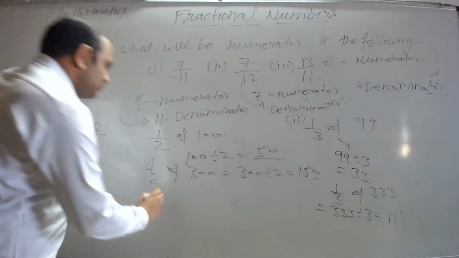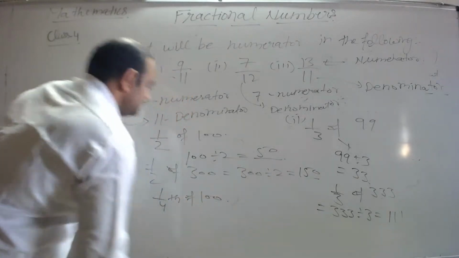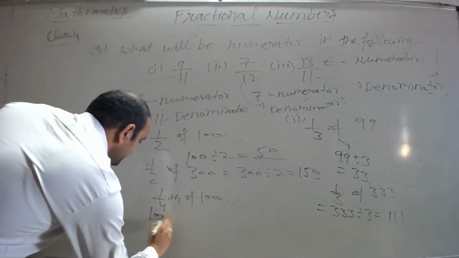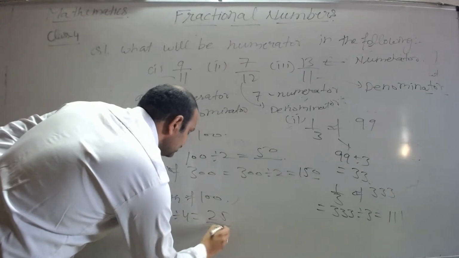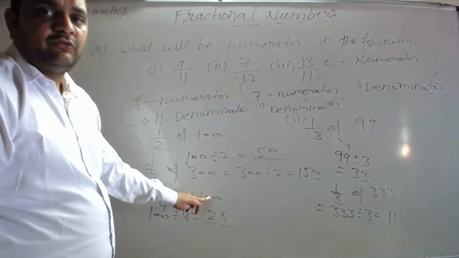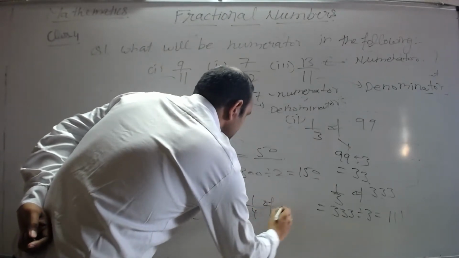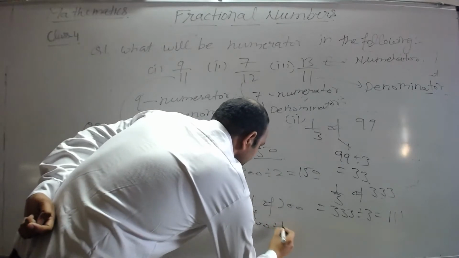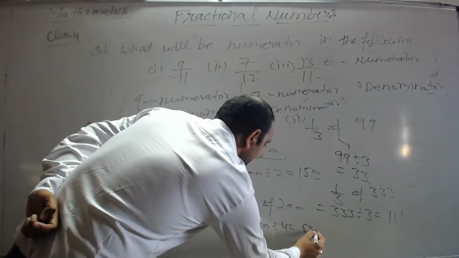To find out one fourth of 100, we divide 100 by 4, and we find 25. So 25 is one fourth of 100. Another is one fourth of 200, so that will be 200 divided by 4, so that will be 50.